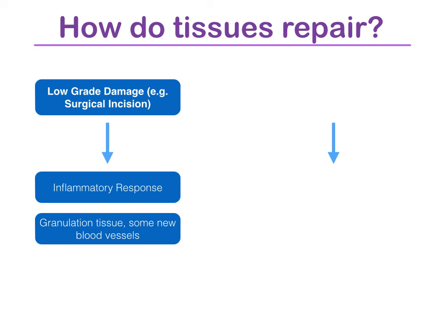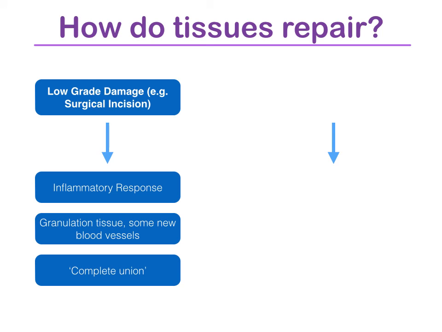And you get some new blood vessels, you get angiogenesis as well. So this is essentially a repair process that's going on. And then in that sort of situation, in a surgical wound, you would hope, if it doesn't get infected or anything like that, that you get complete union. And by that we mean that the break comes together and it's repaired.